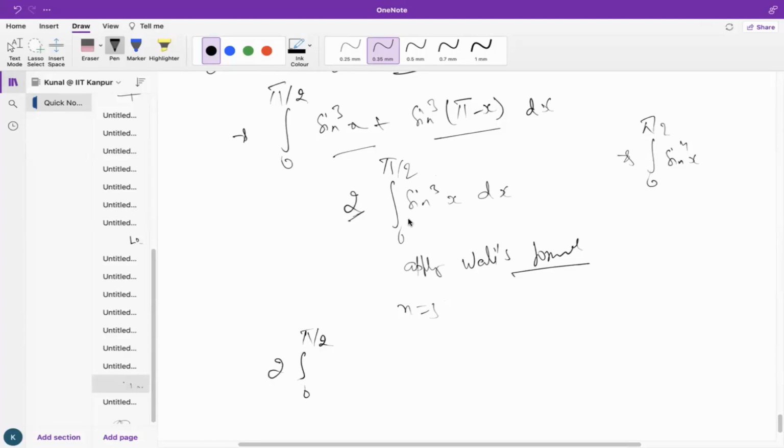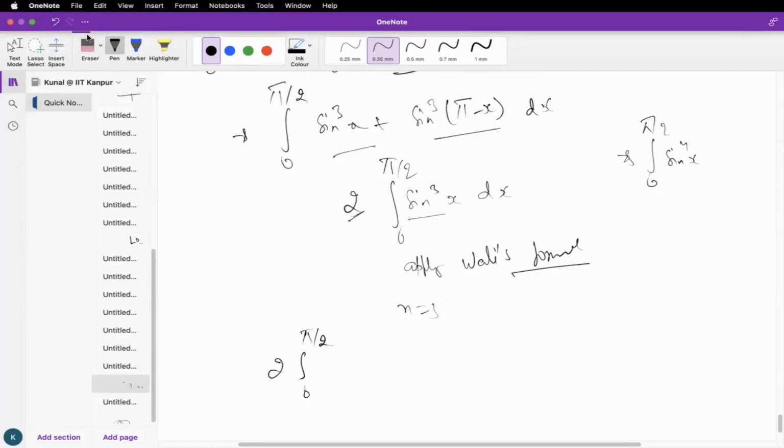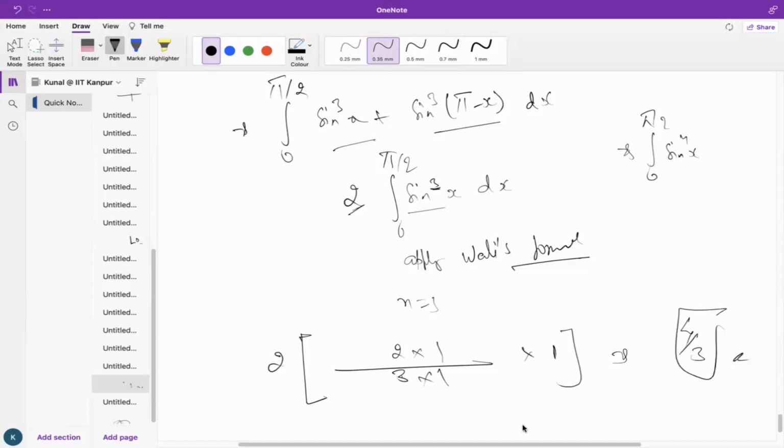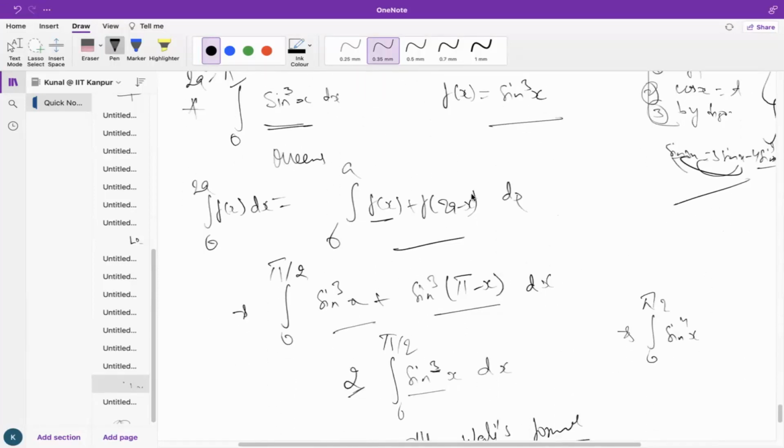Applying Wallis, I write 3, subtract 1, and go through it, and since the power is odd, we multiply by 1 here. So what we get is 4 by 3. See, it's a two-liner problem, right?